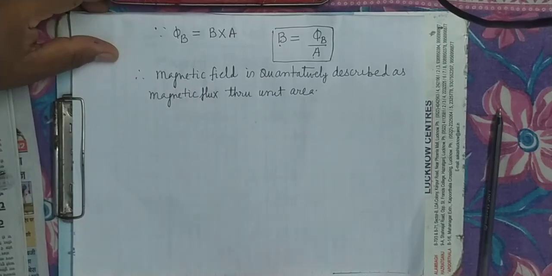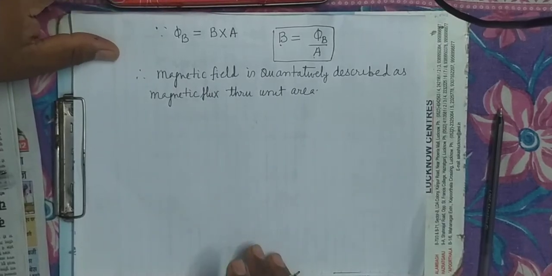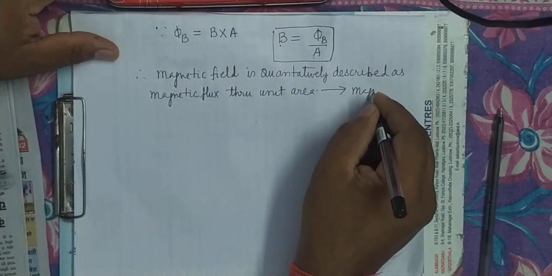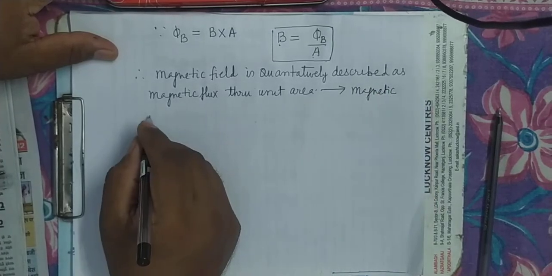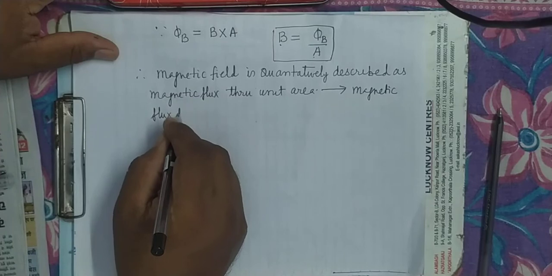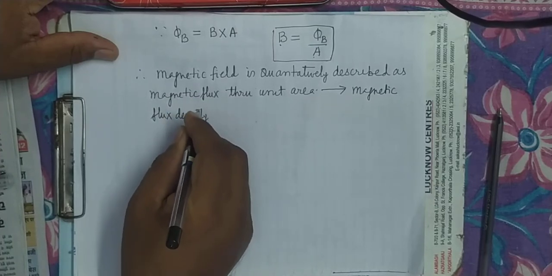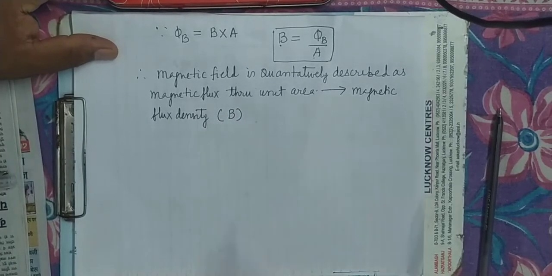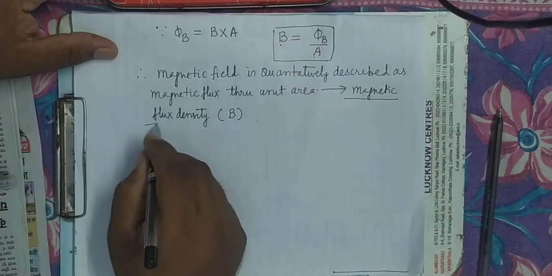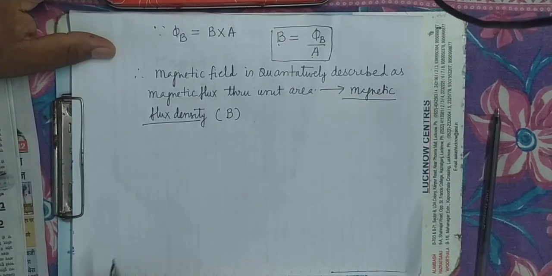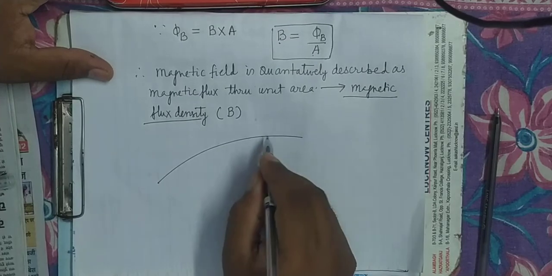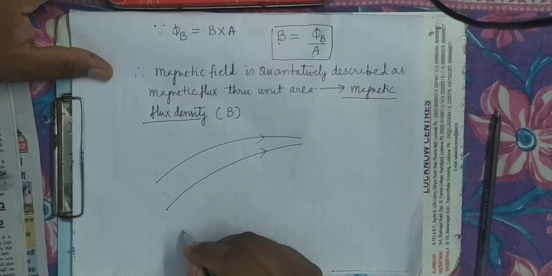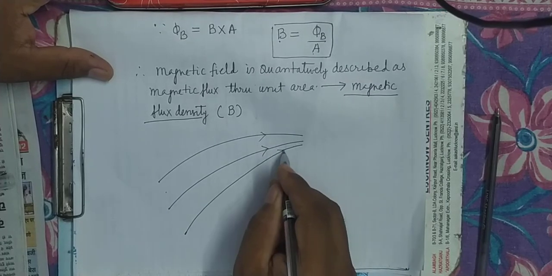That's why it is also known as magnetic flux density. Magnetic flux density means B, represented by B. If the magnetic lines of force are closer in any area, suppose this is the pattern of the magnetic field in some area.